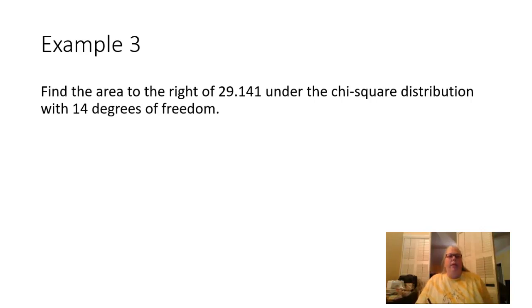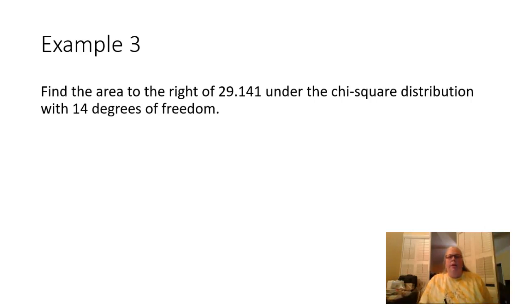Example 3. Find the area to the right of 29.141 under the chi-square distribution with 14 degrees of freedom. So now we're kind of doing the opposite of that. We still want to bring up our chi-square table. We're going to be on line 14, but this time we know what the critical value is. So we're trying to find out what the area is that goes with a critical value of 29.141.